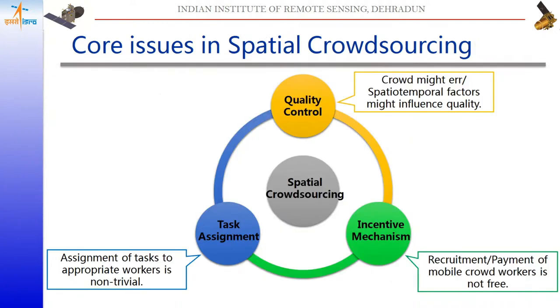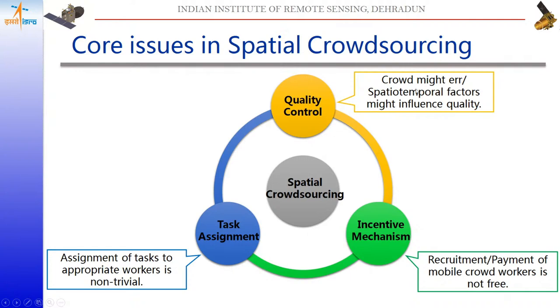But if we talk about the core issues in spatial crowdsourcing, we have quality control, task assignment, and incentive mechanism. These are the three core issues. In quality control, the crowd might commit errors, and spatio-temporal factors might influence the quality.